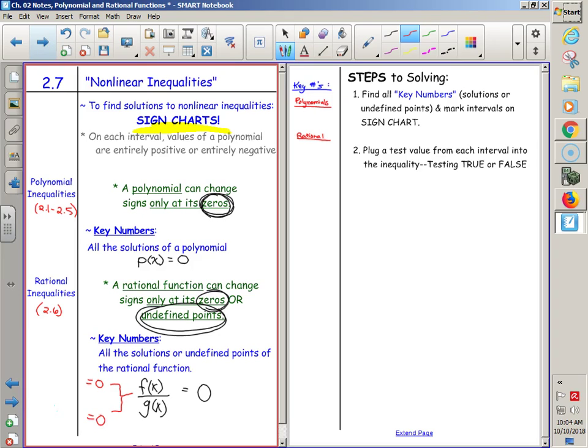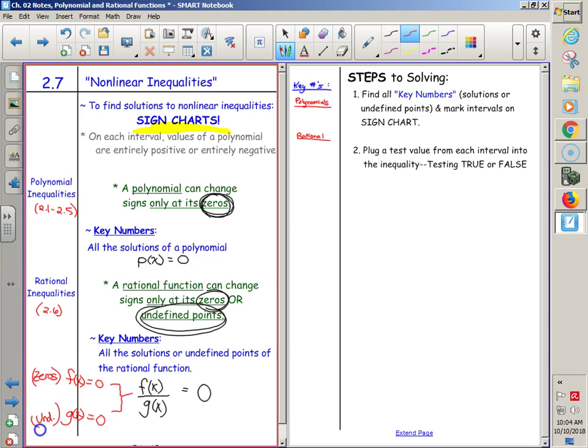I care about setting the top equal to 0 and the bottom equal to 0. If I set the top, my f of x, equal to 0, those are going to be my zeros. If I set the bottom equal to 0, those are going to be my undefines, aka my DNEs, aka my domain restrictions, because it's the denominator.